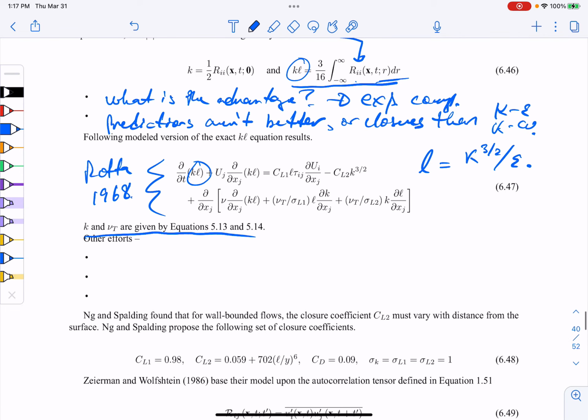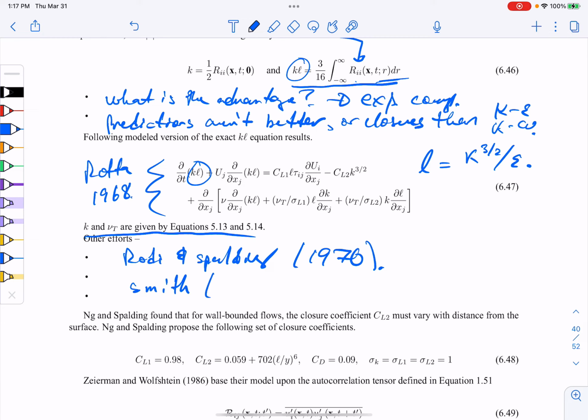Other people looked at these types of models, and probably the most famous one, I think, is Rodi and Spalding. If you want to look them up, that was in 1970. And the most recent publication I saw was 1994, so you see the research is not active in KL models anymore, at least by my Google Scholar search, and excuse me if there are newer ones.